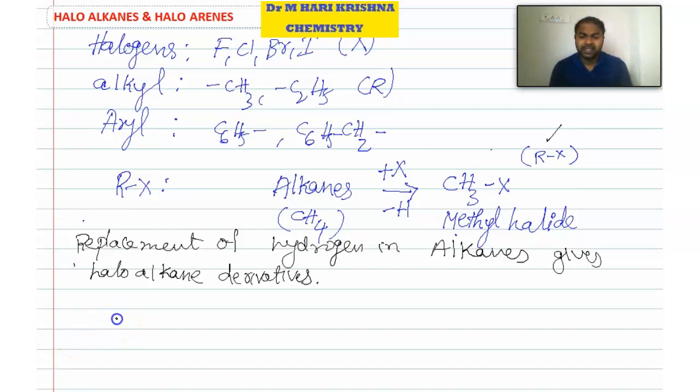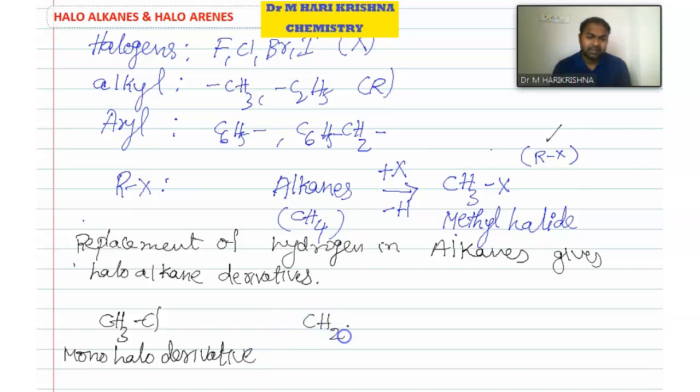So simply we can see this: CH3Cl is a monohalo derivative. If you take CH2Cl2, here two halogens are there, so simply we can call it a dihalo derivative.